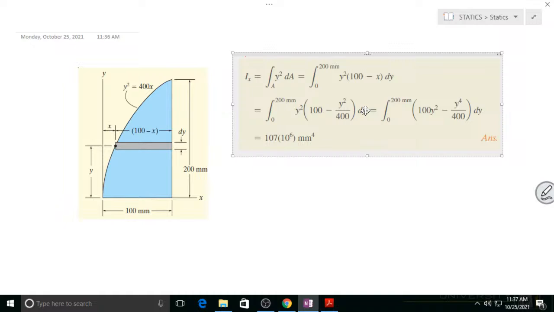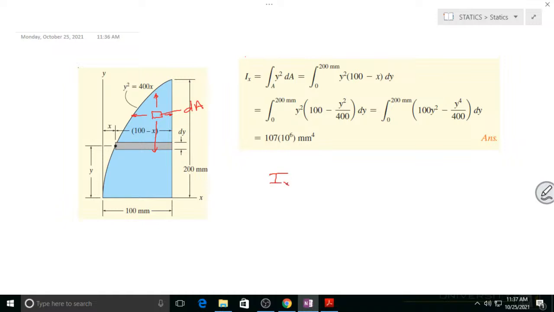But the way you were taught, I'm assuming the way I was taught, is take a little dA here, and then you have to decide whether you're running it up and down first or left and right first. The key here in the decision is this.